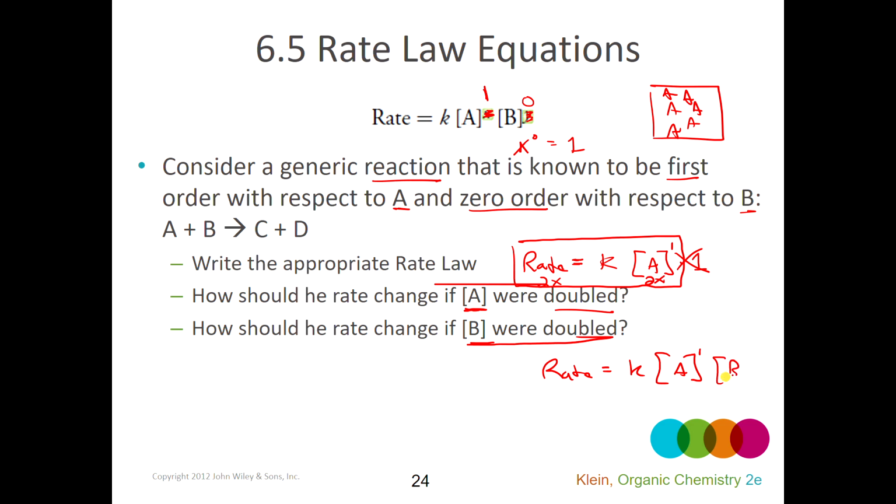But if I did include it and include the fact that it's 0 order, no matter what value I put in here, I could double it, I could triple it, whatever I do, taking it to the 0th power just means it's equal to 1. So in that case, if I double the concentration of A, the rate doubles. If I double the concentration of B, no change in the rate.